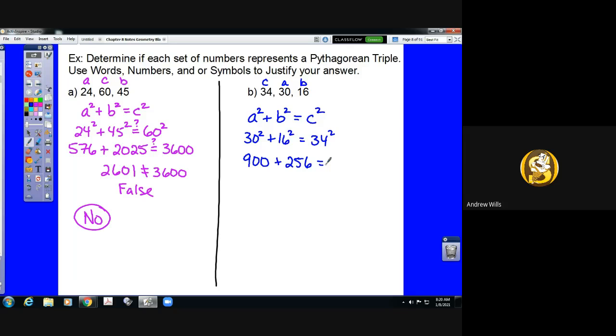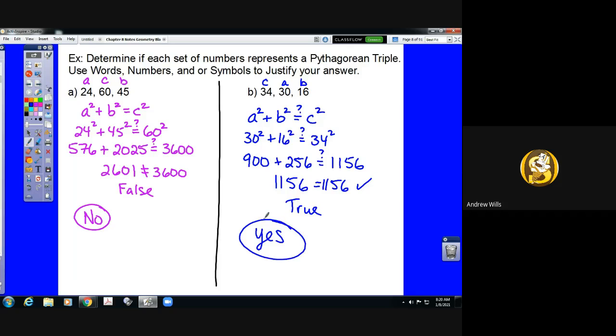And 34 squared is 1,156. So we are checking to see whether or not this statement is true, and it is. So since this is true, our answer would be yes, those three numbers form a Pythagorean triple. Okay?